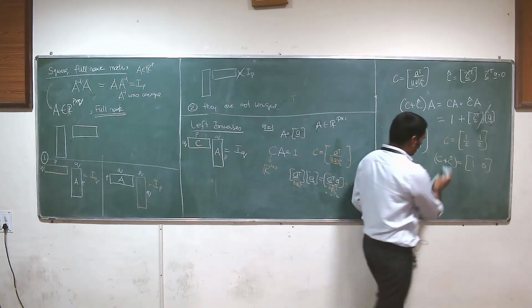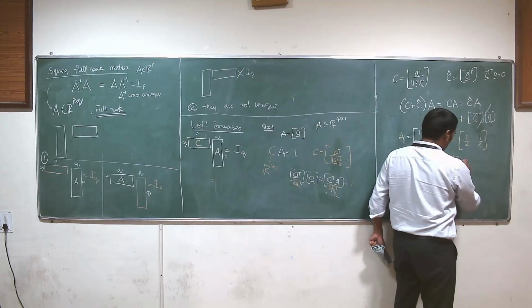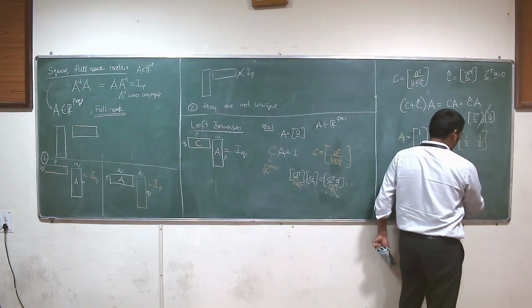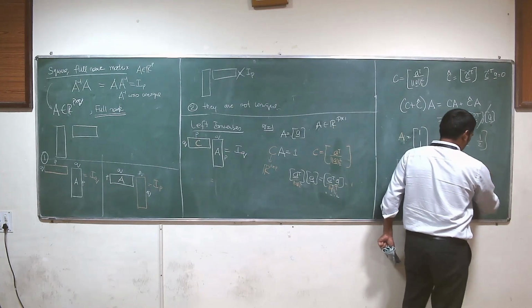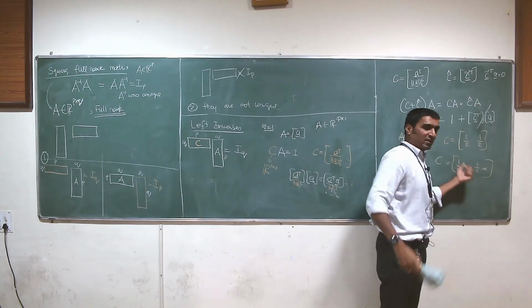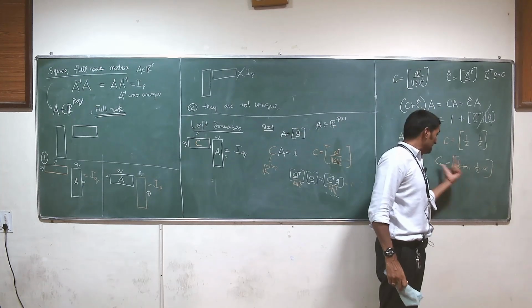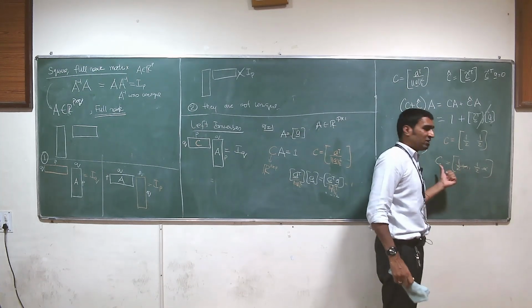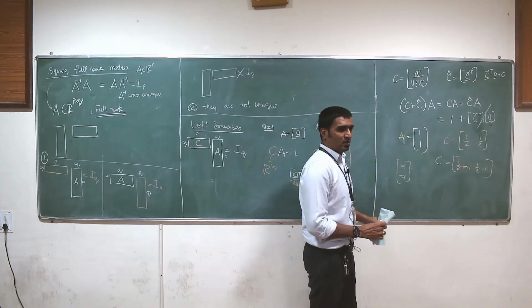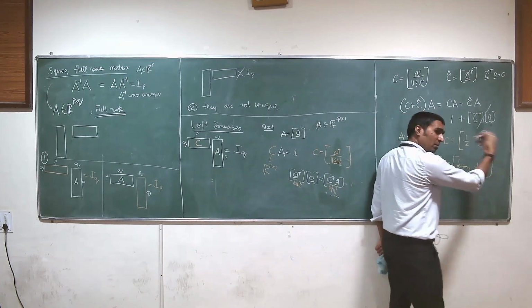Okay, so in fact, the general expression for C is half plus alpha, where alpha can take on any value, right? In this case, this is the most general expression for the left inverse for A. This alpha minus alpha did not come magically.